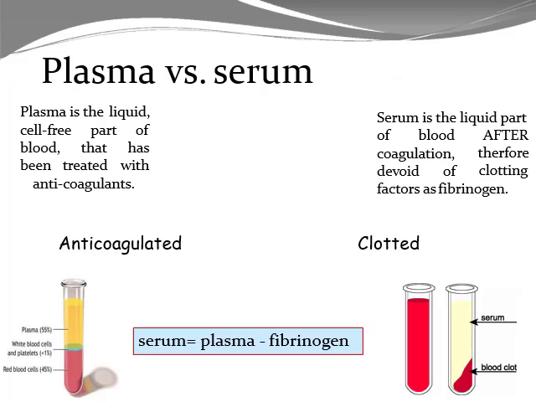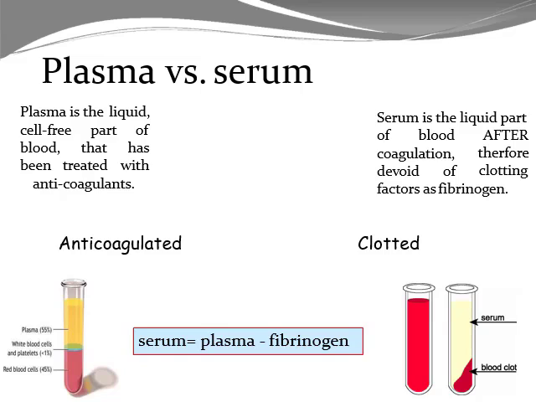See here the difference between plasma and serum. Plasma is the liquid portion of the blood, which does not have the blood cells and has been treated with anticoagulants. Then what is serum? Serum is the liquid part of the blood which has not been treated with anticoagulants.